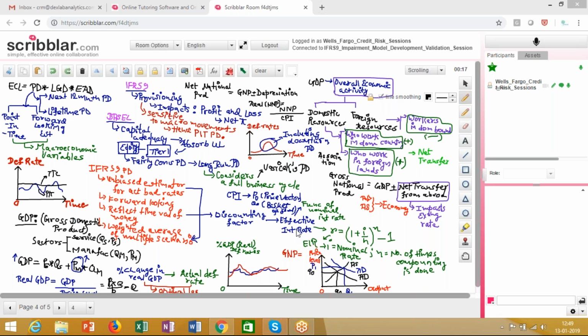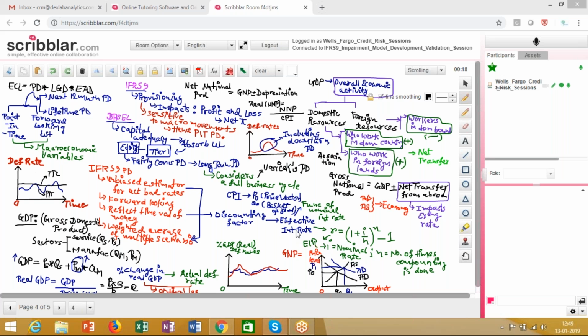So let's try to understand some very key important factors: how these macroeconomic variables work, what they are all about, how a change in the lending rates would impact the macroeconomic variables, and how these macroeconomic variables would create an impact on the default rates. So we need to create that chain of events over here.